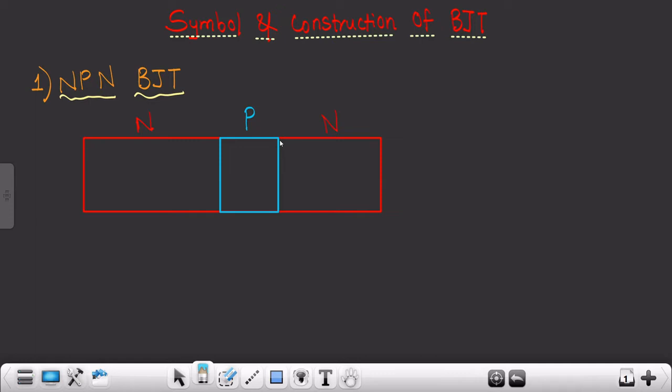I hope you are familiar with the concept of depletion region and all, because we are going to use this concept again and again, very rigorously, in the BJT transistor. If you are not familiar with it, I request you to please watch or enroll in my previous courses, otherwise you will face difficulties in this topic.